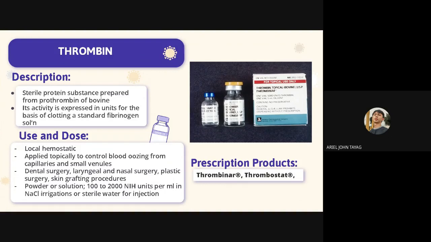And it is also useful in dental surgery, laryngeal and nasal surgery, plastic surgery, and skin grafting procedures. And this thrombin may be applied as a powder or a solution containing 100 to 2000 NIH units per ml in sodium chloride irrigation or sterile water for injection. So for the prescription products, we have Thrombinar or Thrombostat.